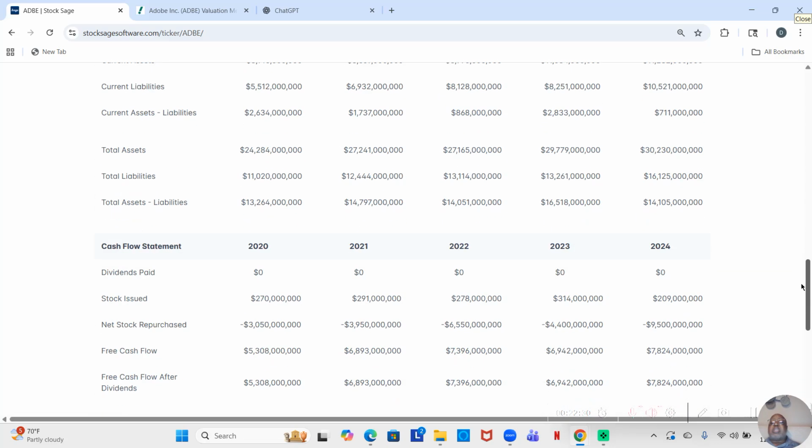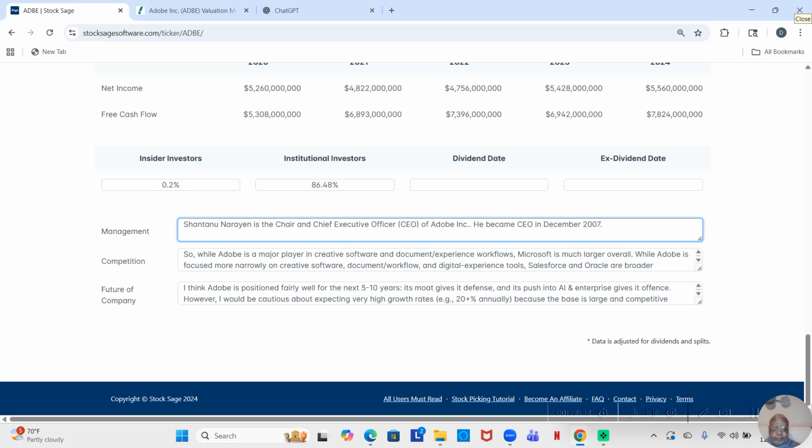Of 418 million. Now, the institutional investors, those are large banks and institutions who own this stock. And that's a lot higher, it's 86%.